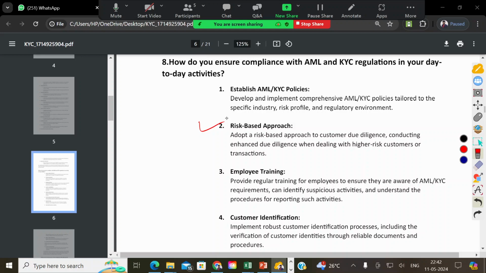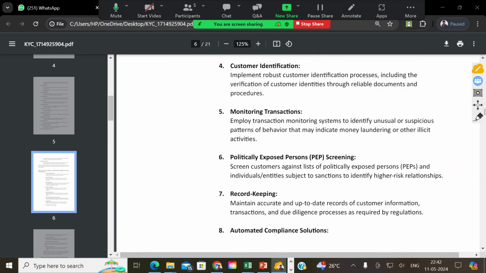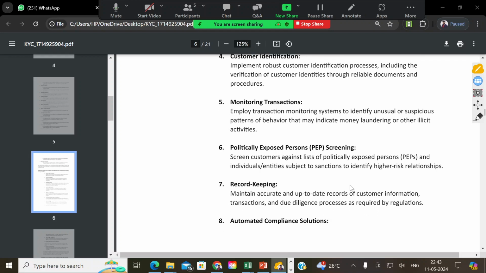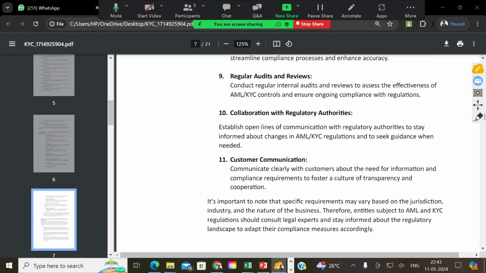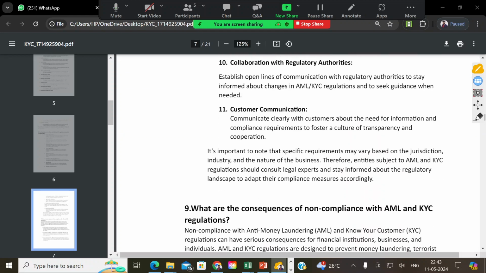Then you employ training or customer identification, right, or their data. Ultimately data is, as I said, PAN, Aadhaar, or address proof, that all comes under your data. And record keeping system, automated compliance solution, regular audits, so same points. And even here the different point which I can see is customer communication. I'm sure you would have also seen this.